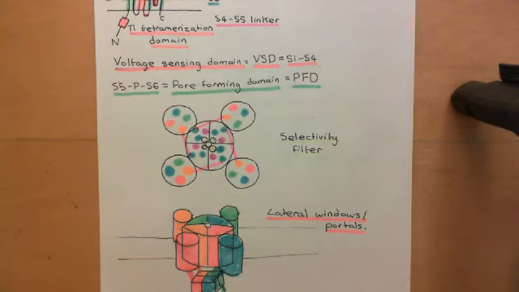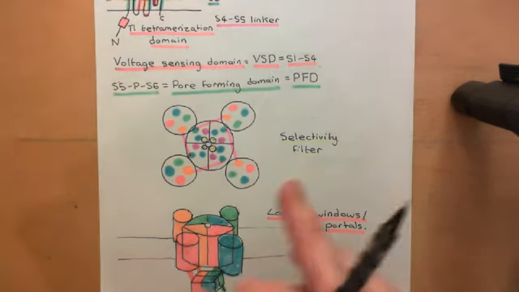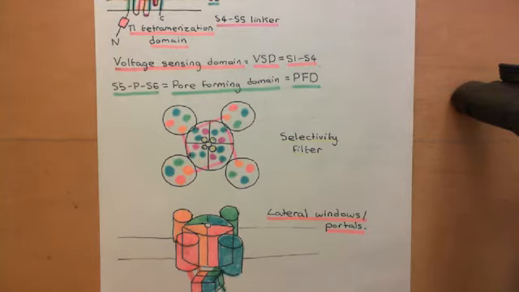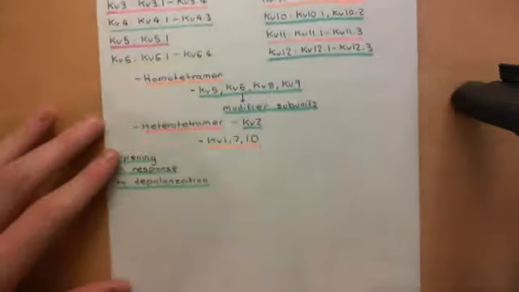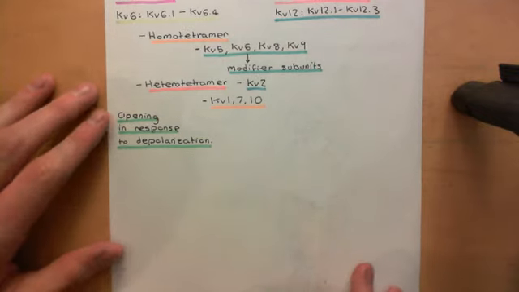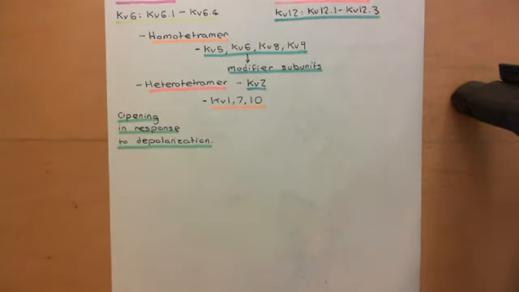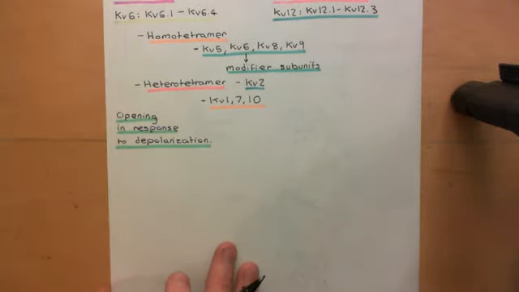Therefore, if we want to open the voltage-gated potassium channel, we need to pull those S6 helices backwards and open up the internal aspect of the pore. What I now want to draw is a simple picture where we're taking a cross-section of the pore domain of the voltage-gated potassium channel.